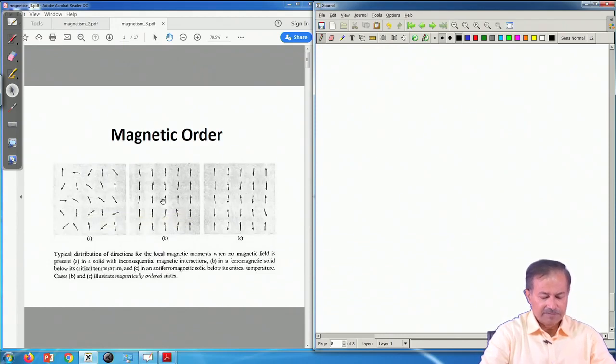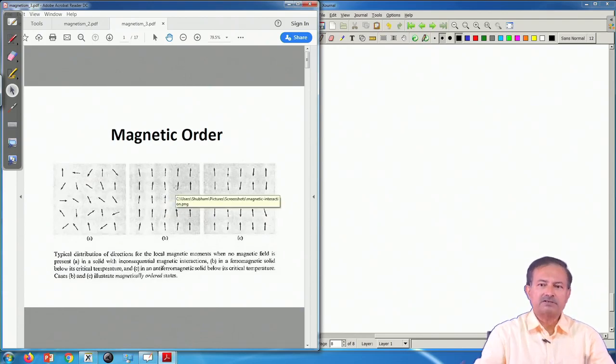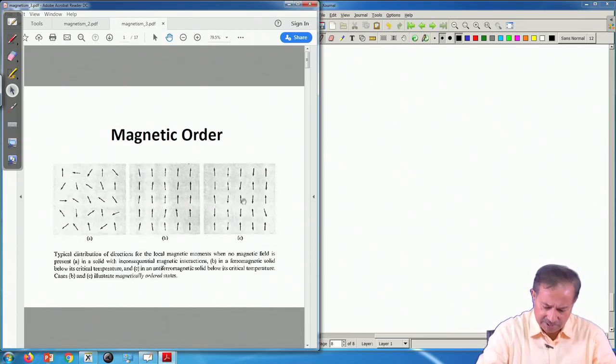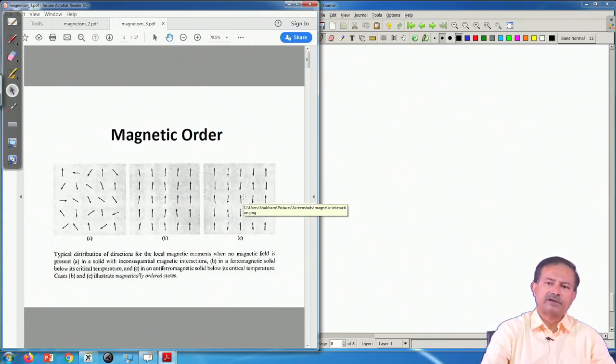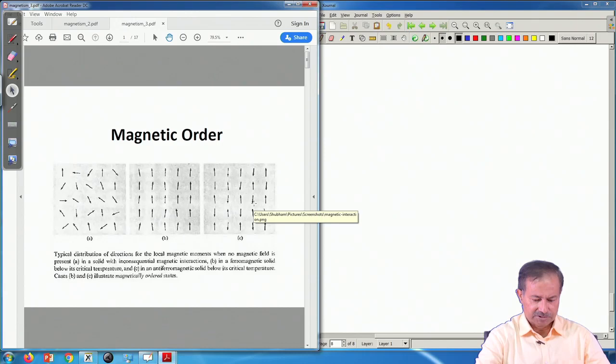Whereas they can be ferromagnetic, there is something called a ferromagnet, where all the magnetic moments are more or less aligned, and large chunks of magnetic moments are aligned, and if all of them align in the same direction, then you will have a spontaneously magnetized system. It has a magnetic moment spontaneously. There are other systems also, different kinds of magnets, like for example the antiferromagnet, which is shown here. I will show another picture next.